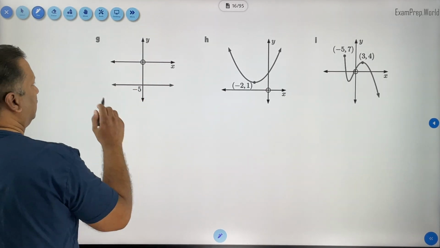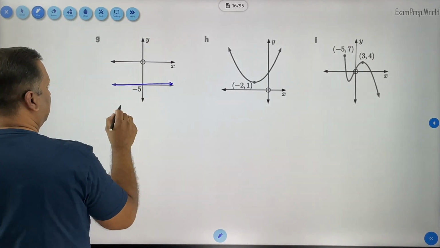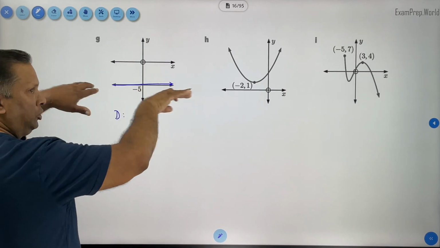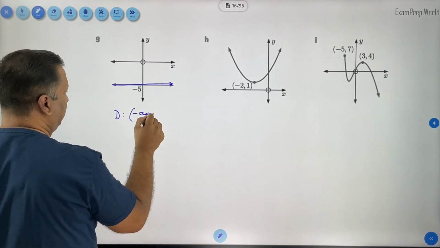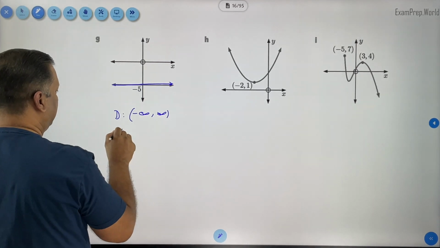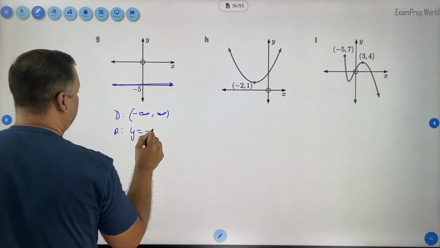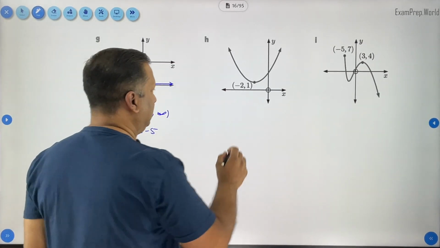For here, this is our function. This is the origin, right? So domain, it's a horizontal line. Domain can take minus infinity to plus infinity, but range is a simple thing. It is y is always equal to -5. It's not changing, a fixed value. Now parabola once again.